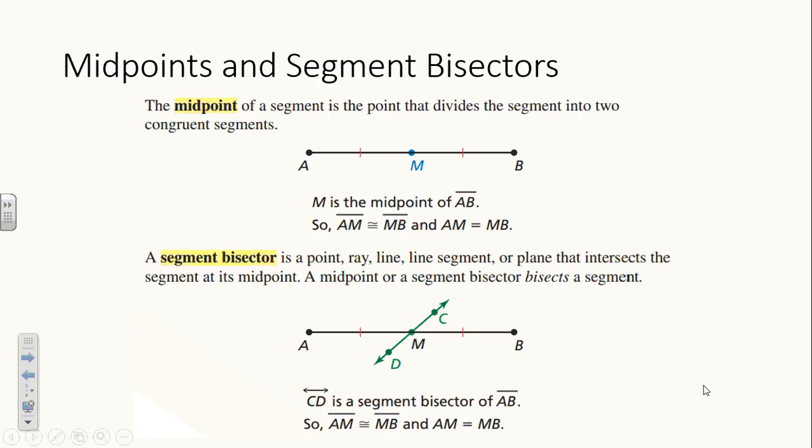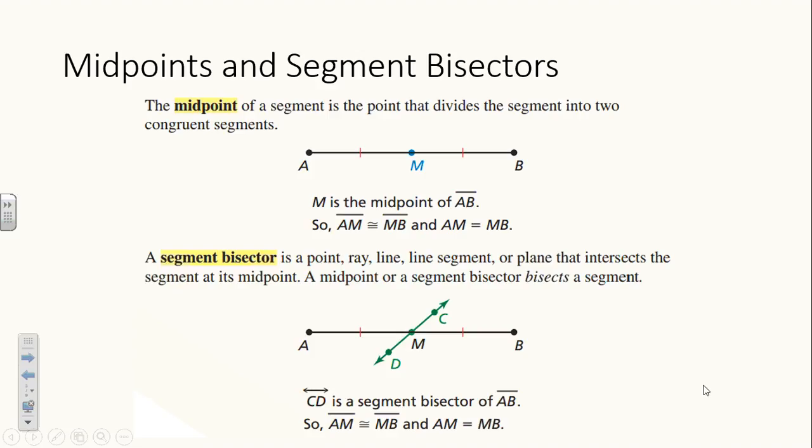Or we could call it line DC, or reverse the letters. So this line happens to be the bisector of that segment right now. It's what's cutting that segment in half at the midpoint to make two congruent segments. Make sense to everyone? And those tick marks tell us that those segments are congruent.